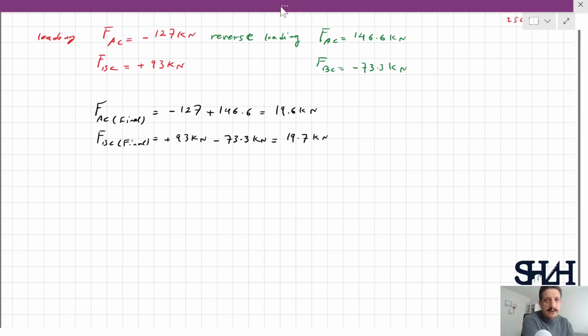Now we want to calculate what is the residual stress and also what is the permanent deformation.